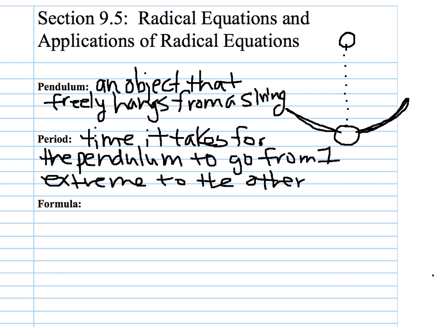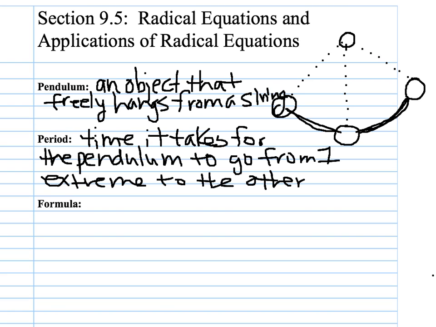Okay? And what I mean by extremes is, if it sways as far right, goes to sway as far left by traveling on that path and then going back, that is the period.